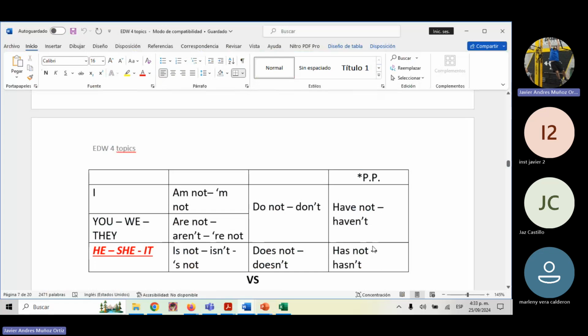I'm just mentioning this, but in future levels, level 5, 6, 7, 8, something like that, you're going to see how perfect tenses work. But for now, I just want to mention that this is the structure, and I guess you have already studied this before. So to create a negative sentence, we only add the word not.